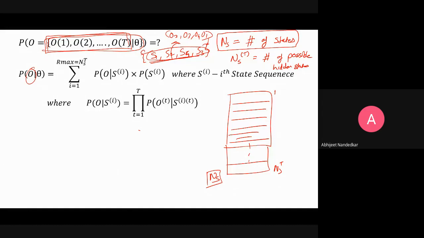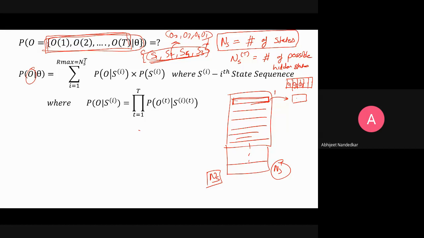So I have this many sequences with me. I will take one sequence and find out the chance that this set of observables, say O1, O3, O5 and so on, was produced by this sequence.